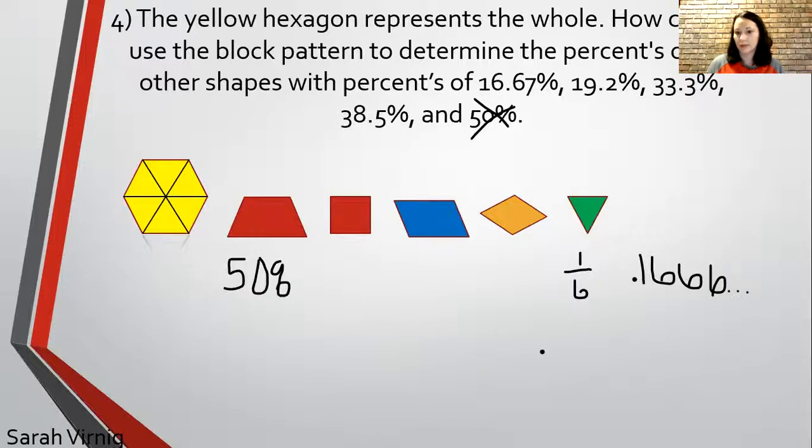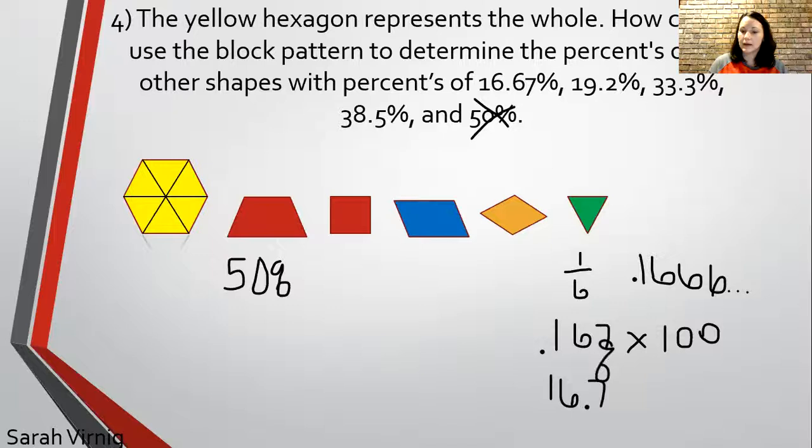So we're going to round it to 0.167. We're going to multiply that by 100 to get our percent, which is going to be 16.7%. And as you can see, that is one of our options. So we're going to use that. And now we know that the triangle is 16.7% of the hexagon.